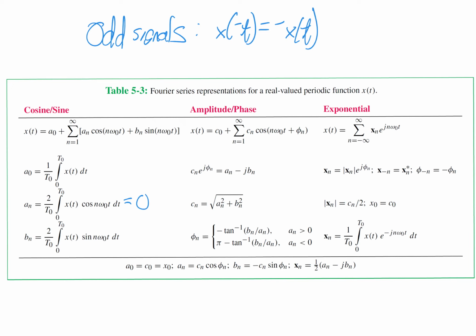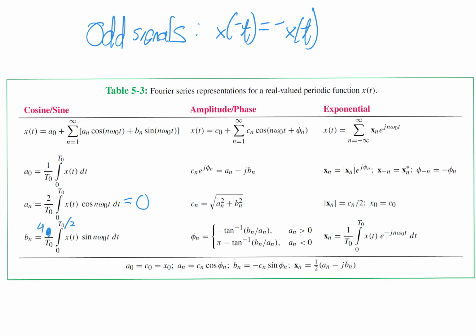So we can use the same modification we used on the even signals. We get the integral from 0 to t0 over 2, so the half of the period, and we accumulate the area there, which is the same as the area from negative t0 over 2 to 0. So we multiply this by 4.